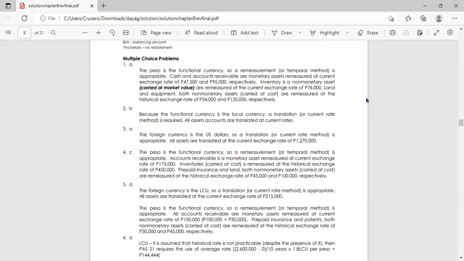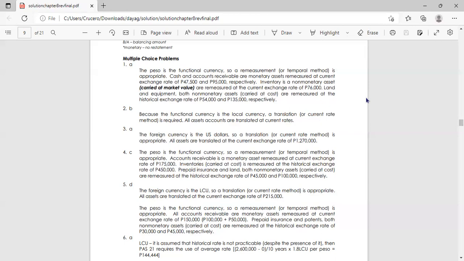So we now have the answer to number 2: letter B. Then we go to number 3. The following balance sheet accounts of a foreign subsidiary at December 31, 20x4 have been translated into pesos as follows.